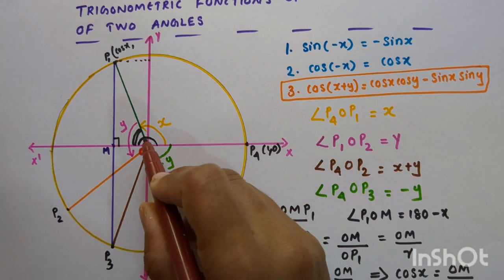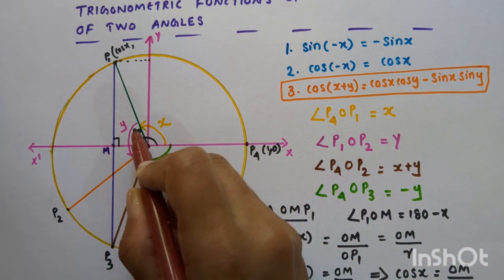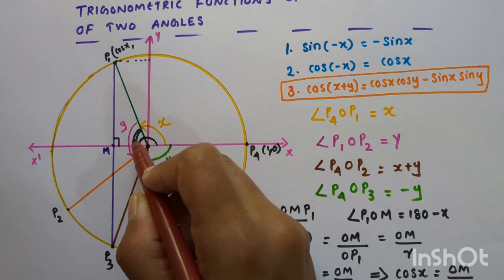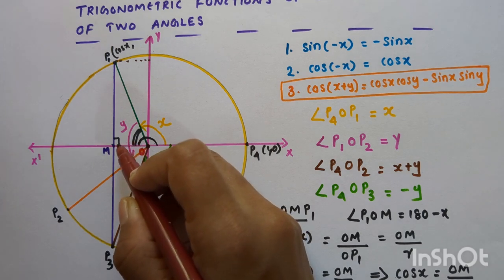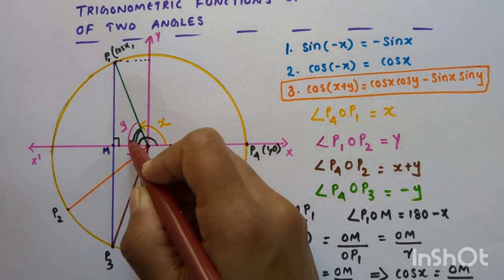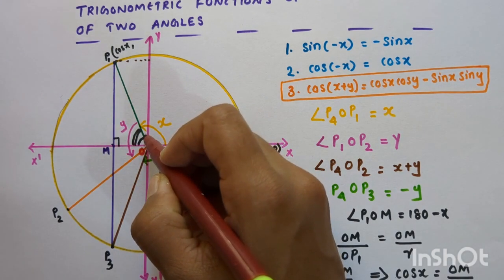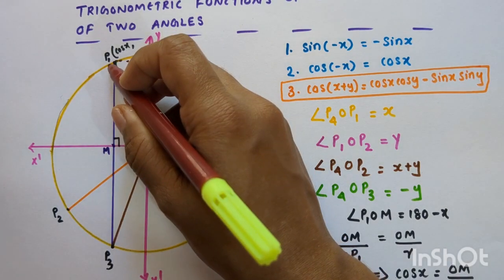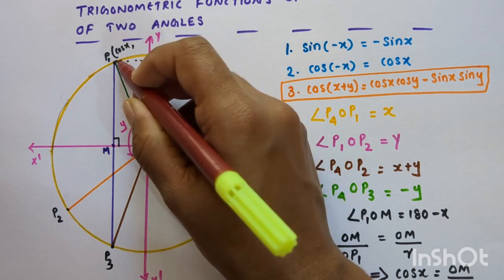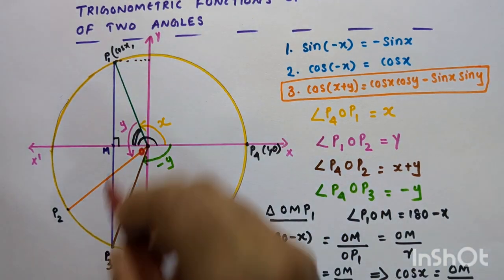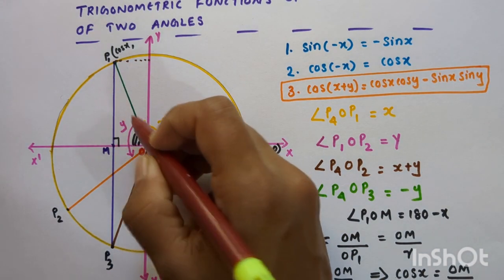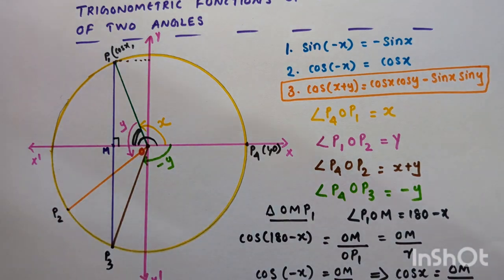Sine of 180 minus x is opposite side by hypotenuse. The opposite side is MP1, which is the y coordinate. The hypotenuse is OP1, which is the radius, equal to 1 unit.